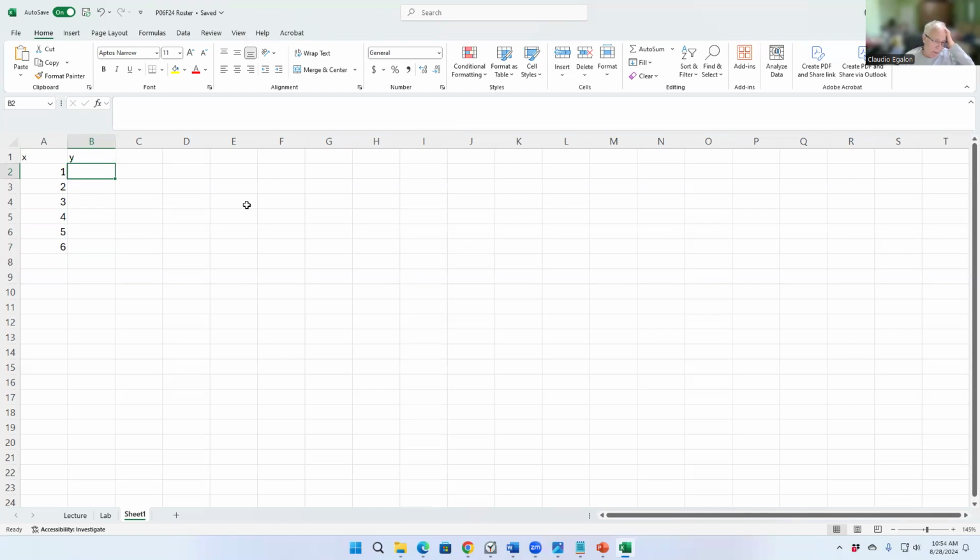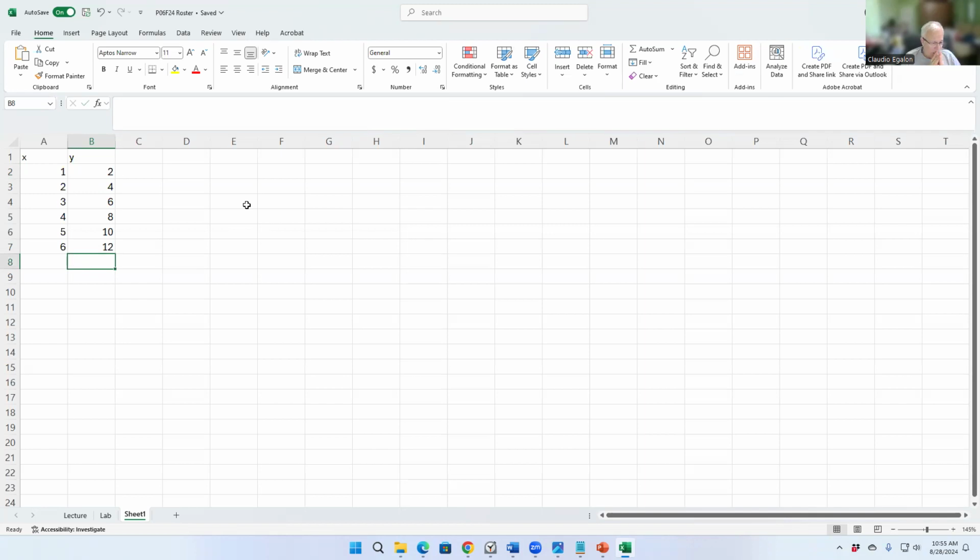And let's say that for X equal to 1, my Y is 2. For X equal to 2, the value for Y is 4. Suppose you perform an experiment, and you got those values that I am inputting here manually in my table. So now we have a table of data points.